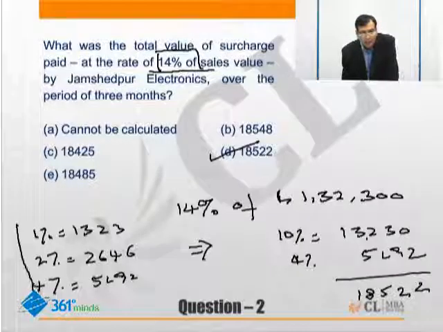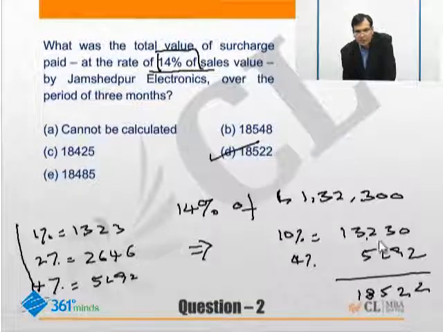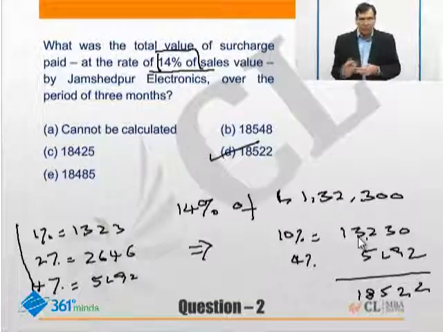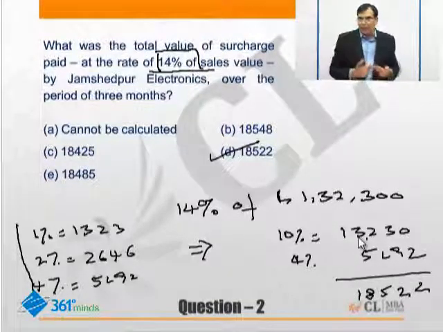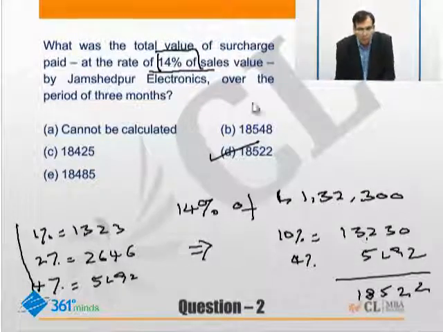It is okay to take 10 seconds, 20 seconds, half a minute, 1 minute extra, but not make an error in calculation. If you are not very comfortable, write down. There is no harm in writing down the way I did here. Similarly, you would have said 10% is 13,230, 5% should be half of it, and then again minus 1%. So 10 plus 5 minus 1 could have been the alternate way for you to do this question.